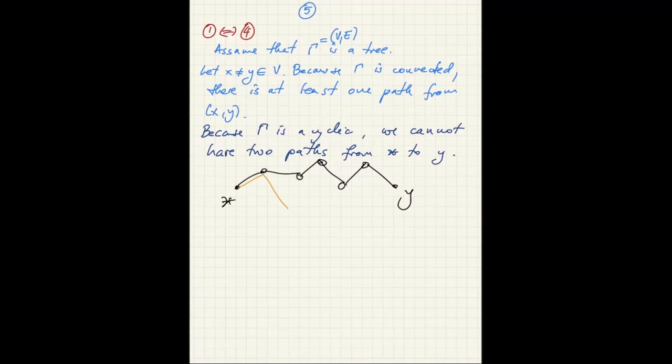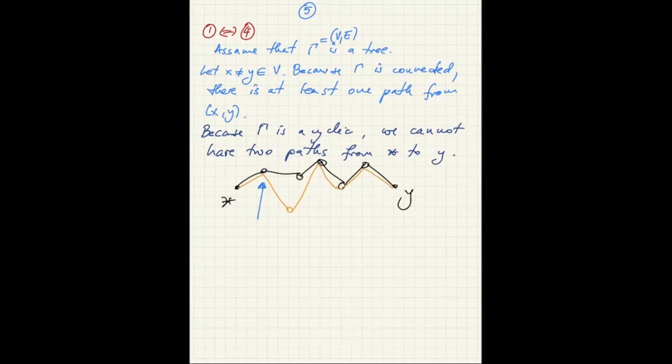So what happens? These paths could overlap. It's a proof by contradiction. If you have two paths from X to Y, you can mark down, as you go from X to Y on these paths, the last point where these two paths are the same.